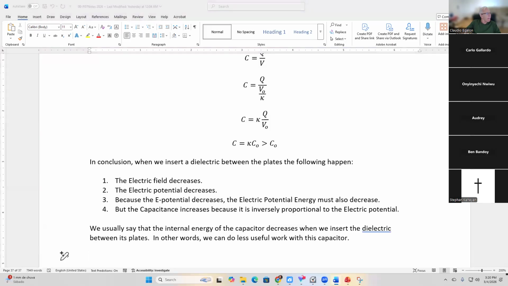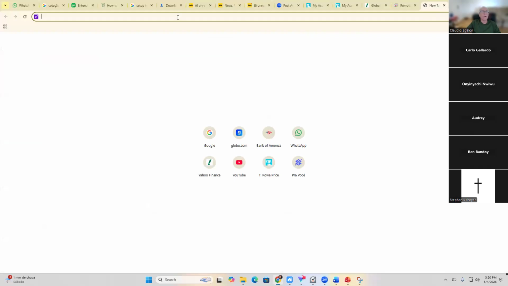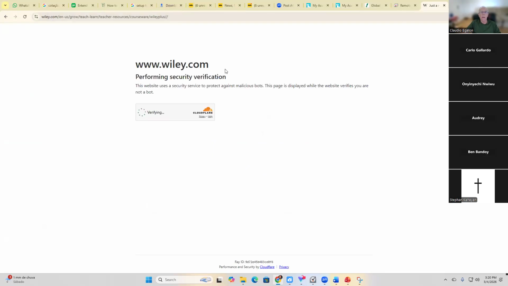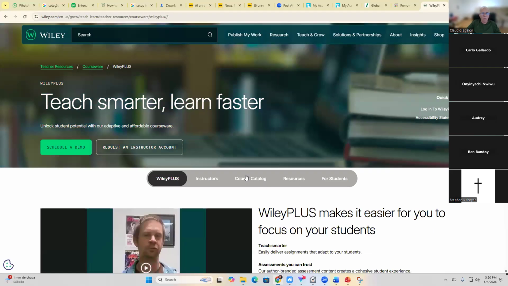Okay. Now let's take a look at this kappa. This kappa has different values for different dielectrics. And let's take a look at the book, Wiley.